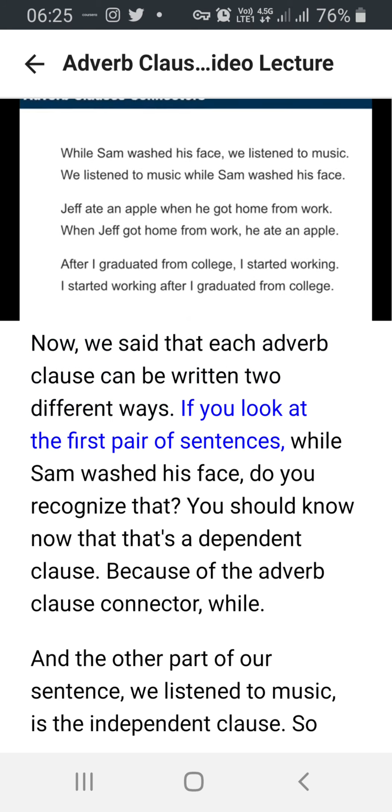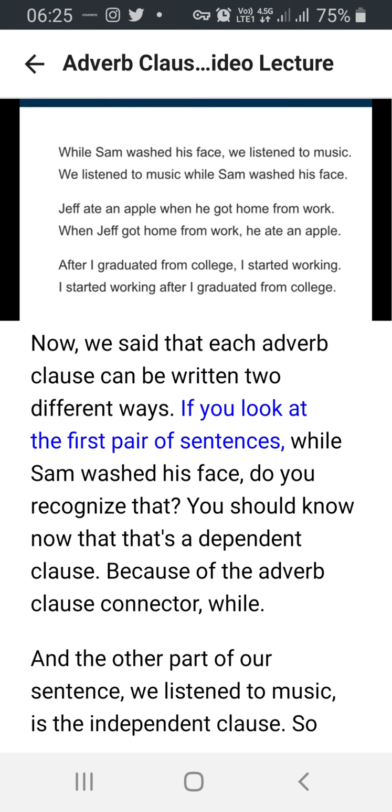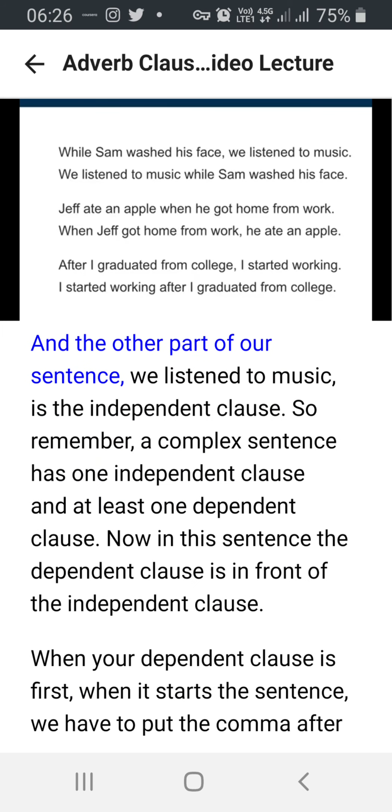If you look at the first pair of sentences, while Sam washed his face, do you recognize that? You should know now that that's a dependent clause because of the adverb clause connector while. And the other part of our sentence, we listened to music, is the independent clause. So remember, a complex sentence has one independent clause and at least one dependent clause.